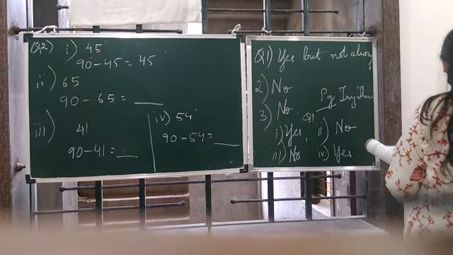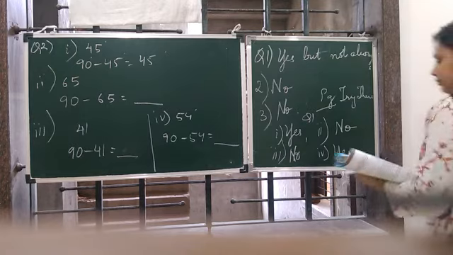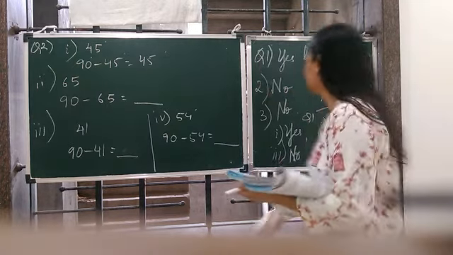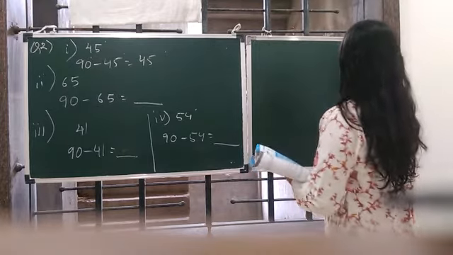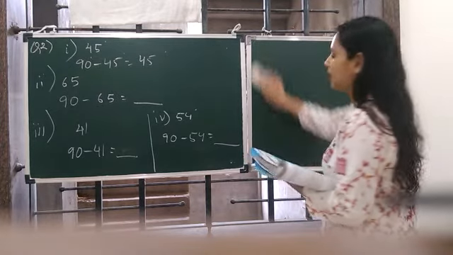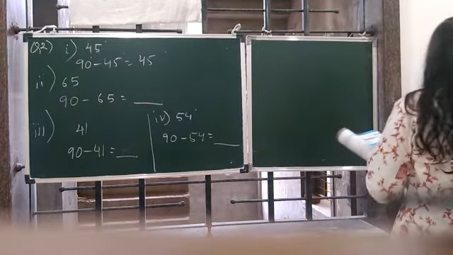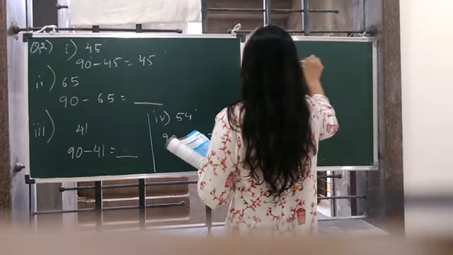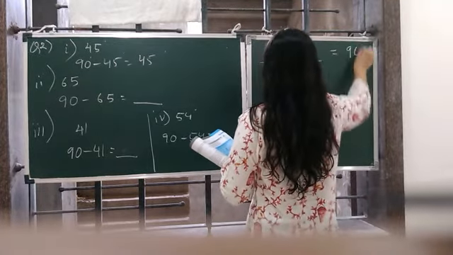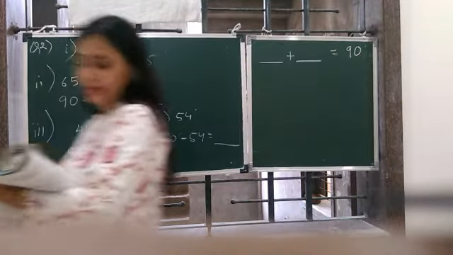Now the third one: the difference in measures of two complementary angles is 12. Find the measure of the angles. So we know they are complementary angles, so their sum will be 90 degrees. Now the difference is given.